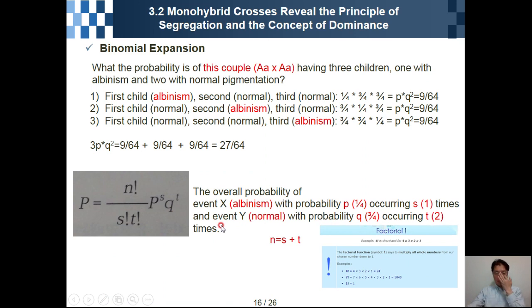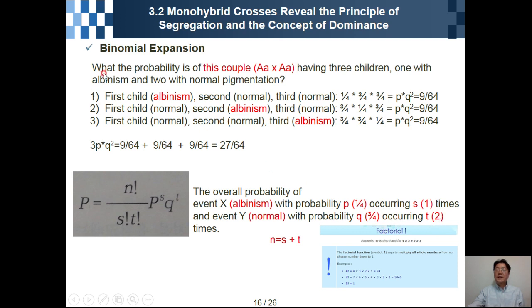The overall probability of event x, albinism, has probability p, which is 1 out of 4, occurring 1 time. Event y, normal pigmentation, has probability 3 out of 4, and occurs 2 times.